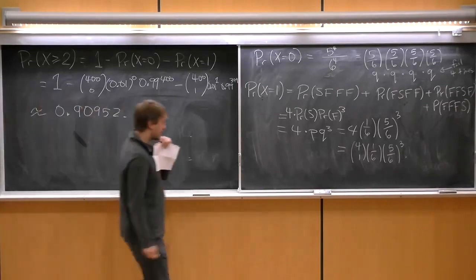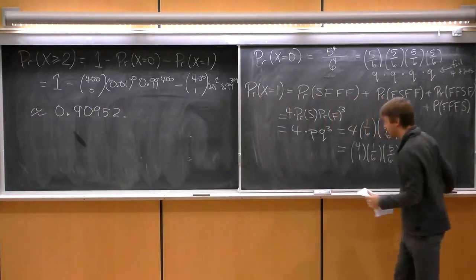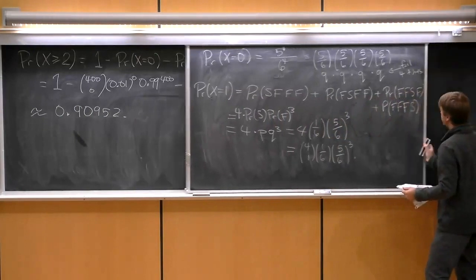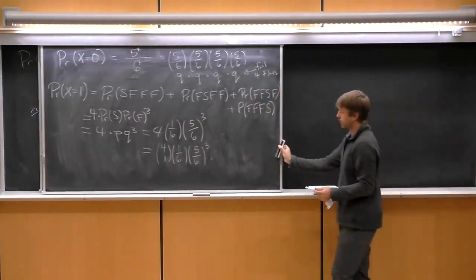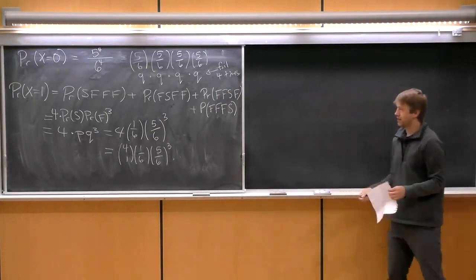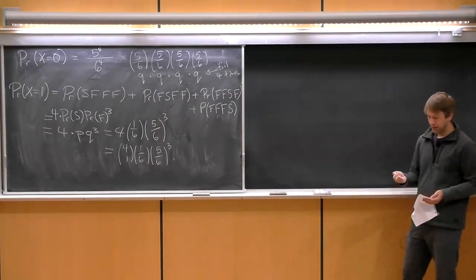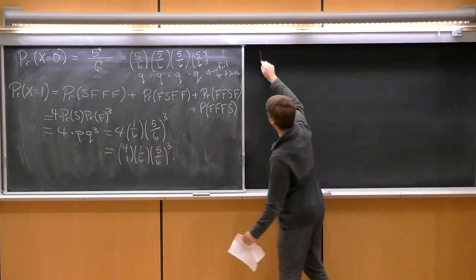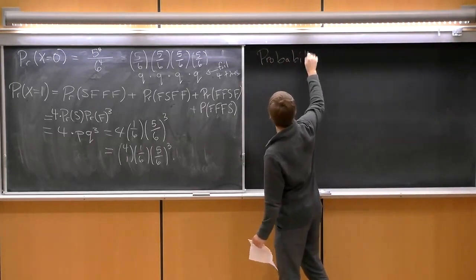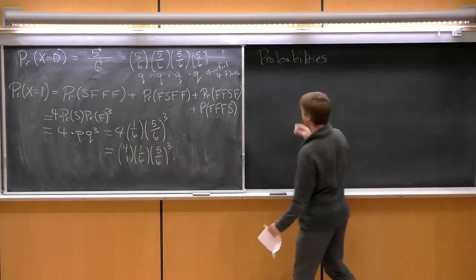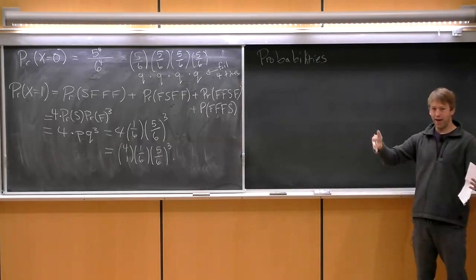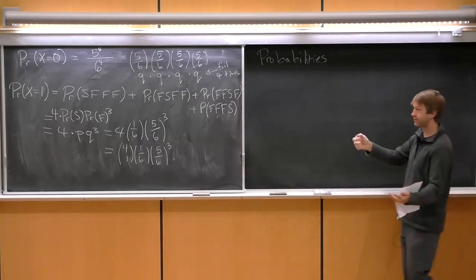So let me end on something which is kind of surprising at the start. Remember, if you add up the probabilities of all possible outcomes, they're supposed to add up to 1, right?